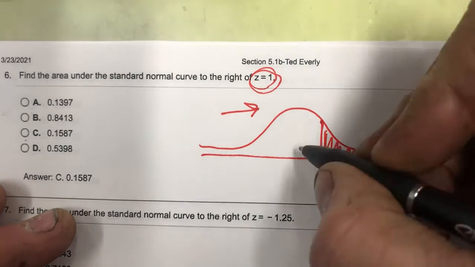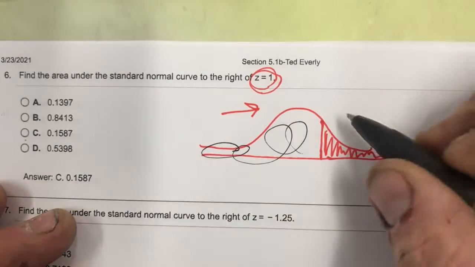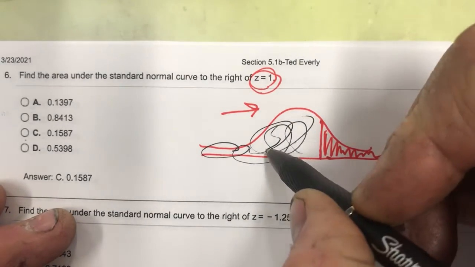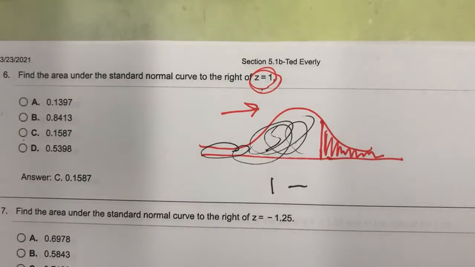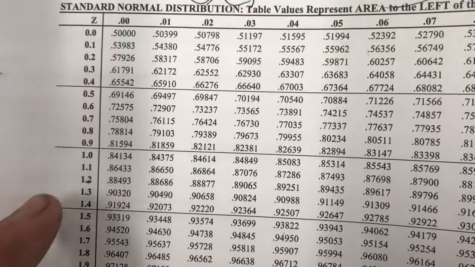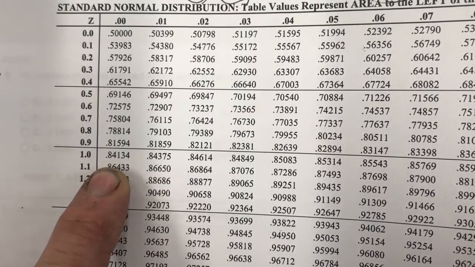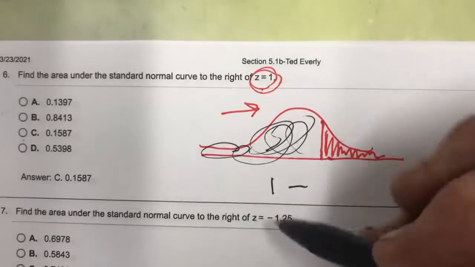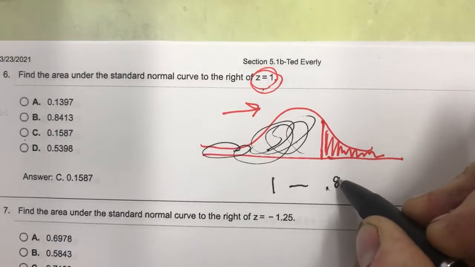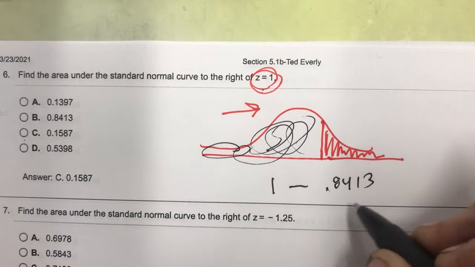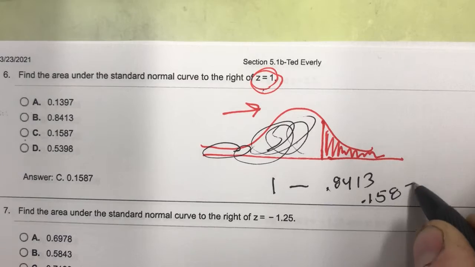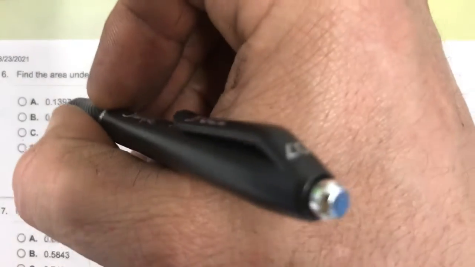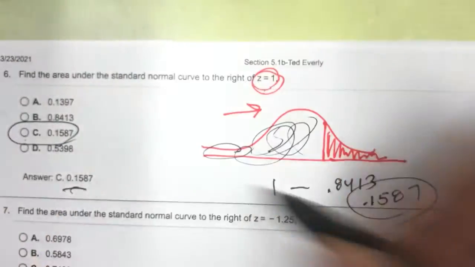The chart shows me this, so I have to find out what this is, and then do 1 minus that. So I look up z equals 1, and here's the positive, and 1 is right there, 0.8413. I subtract that, and that's going to be 0.1587, right here, C. And there you can see my answer.